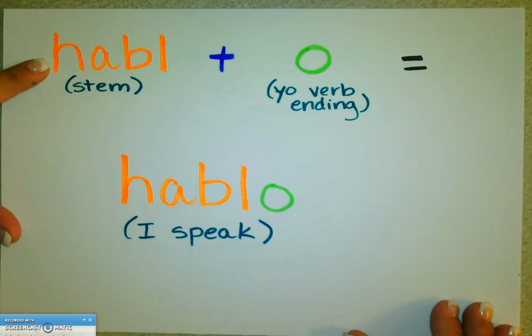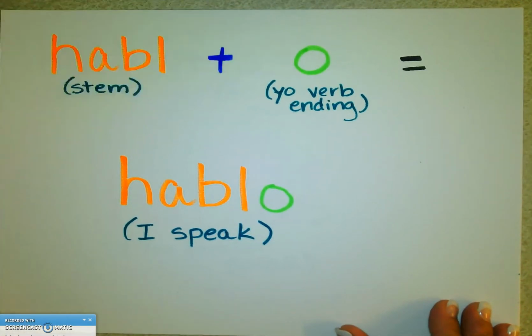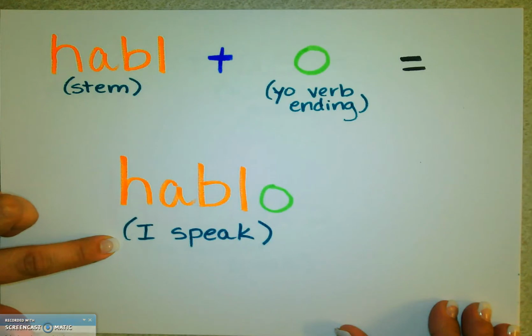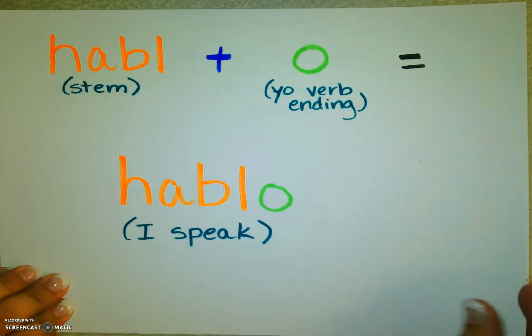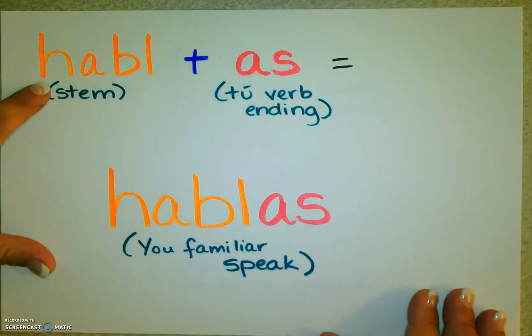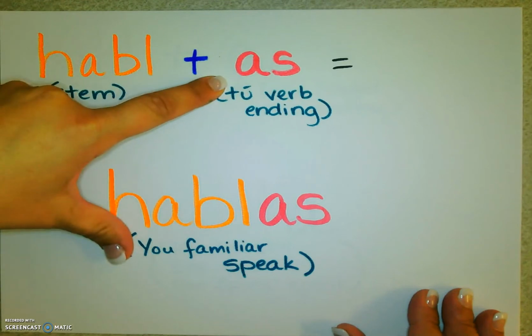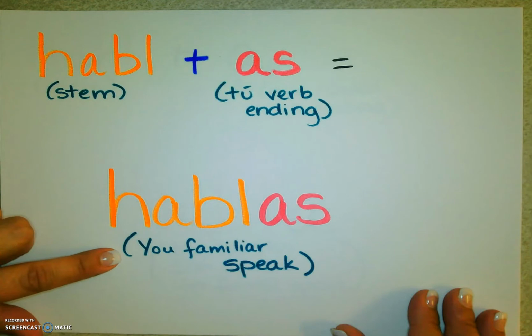Habl plus O gives us hablo. I speak. Habl plus as gives us hablas. You, familiar, speak.